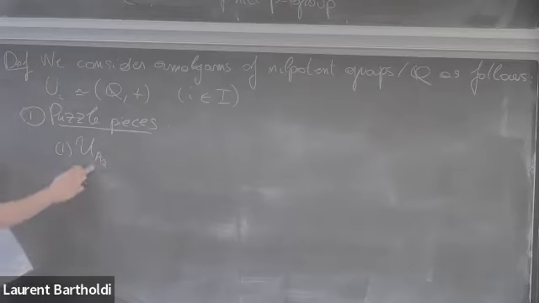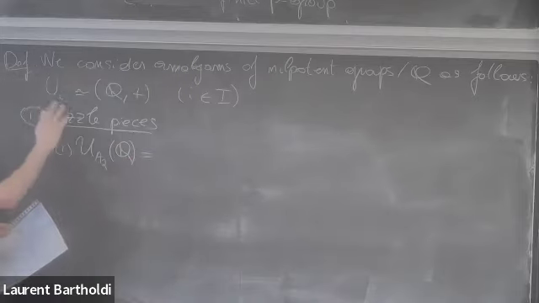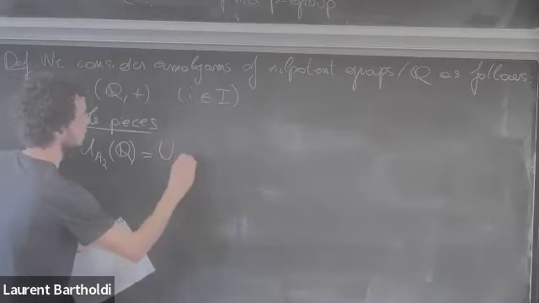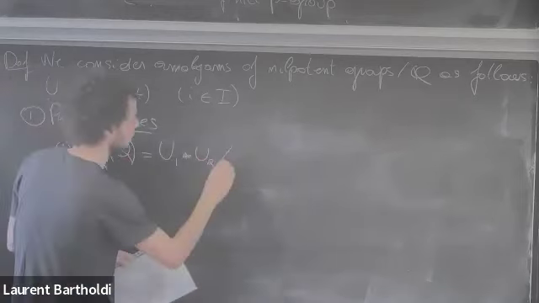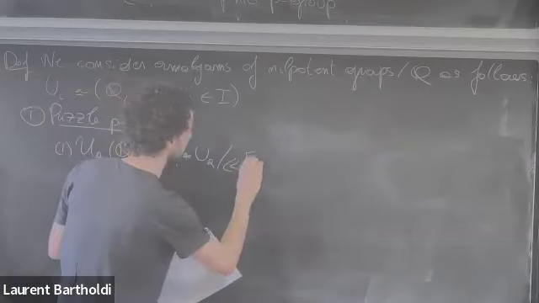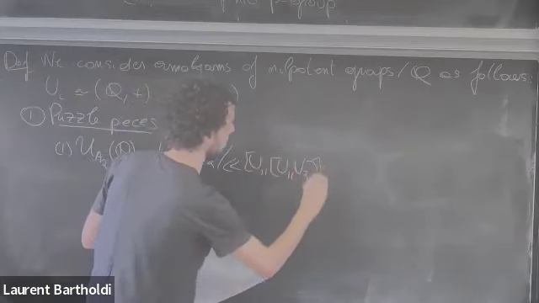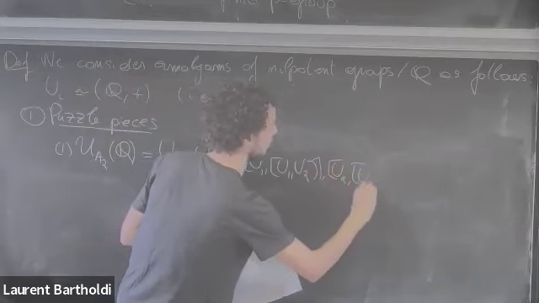So I will denote it A2 of Q. But I will only consider two copies of Q for the moment, so it's U1 and U2. Now we look at the free product, quotiented out by the normal subgroup generated by [U1, [U1, U2]] and [U2, [U1, U2]].